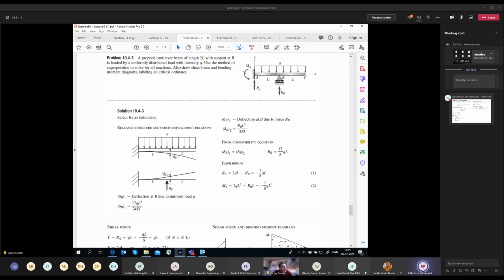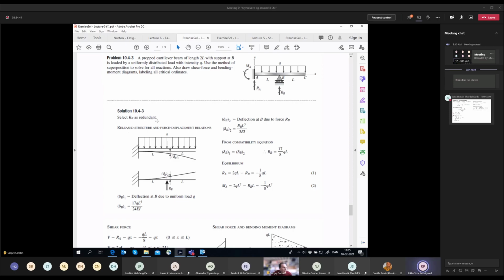The same problem. Why do we use the delta B in one of the solutions, and in the other one it is the y deflection? I'm sorry, I'm not quite sure I follow your question. Yes, this is the story about the same problem.